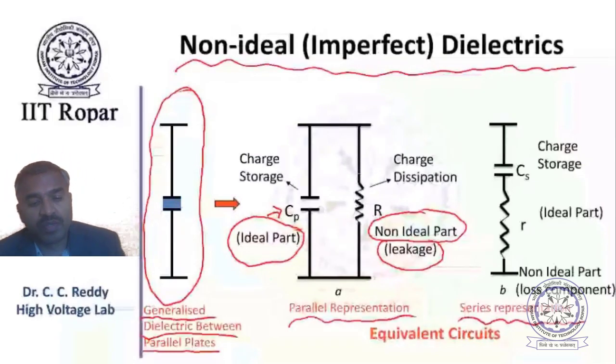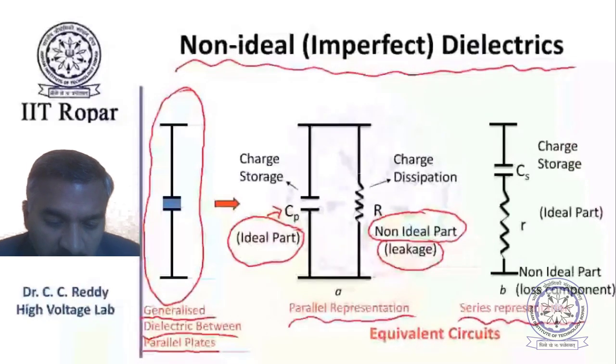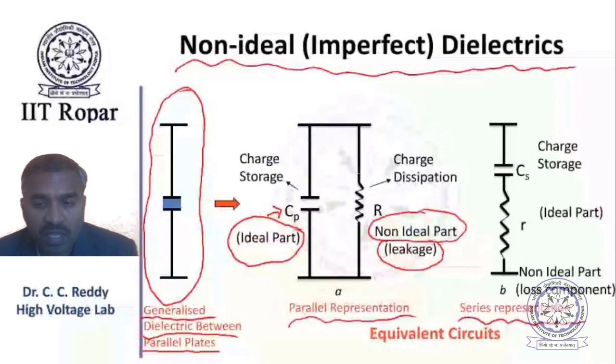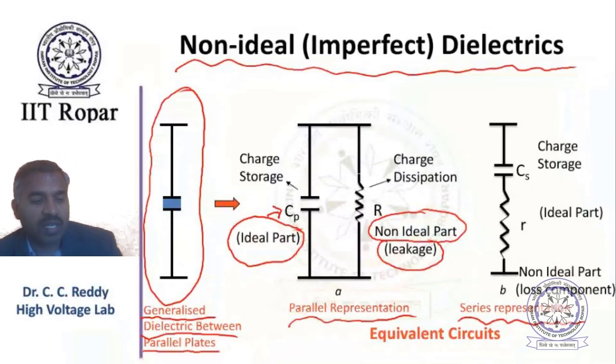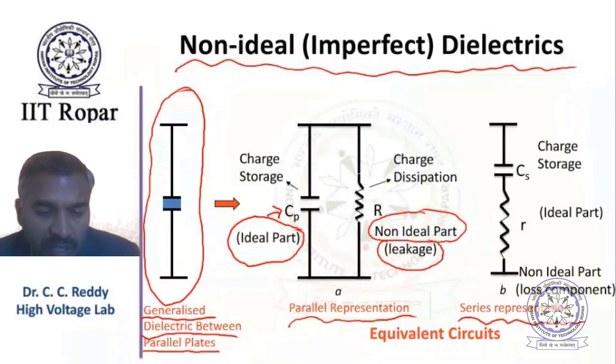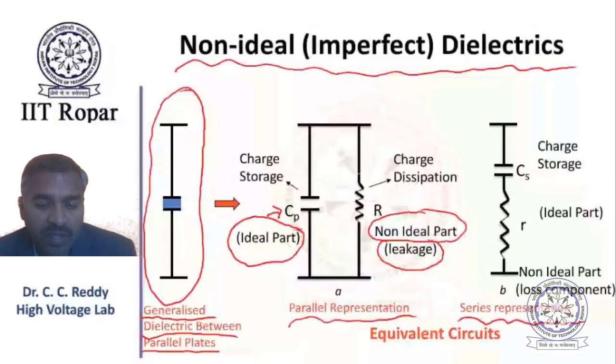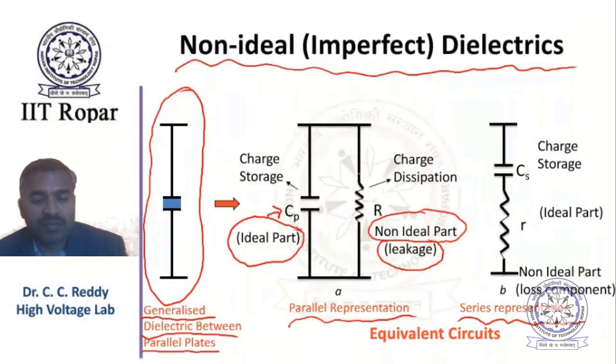Yeah, dipoles will tend to align and de-align in the direction of the electric field, which alternates with time. So what will happen when they align and de-align? They will radiate some energy. That is the basic loss mechanism in AC. And while in DC, the lossy currents will flow.